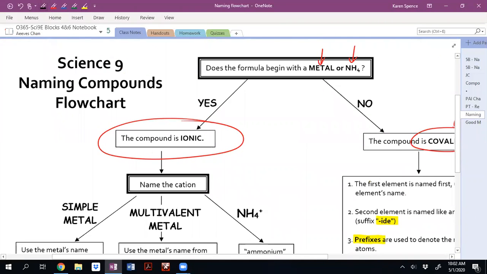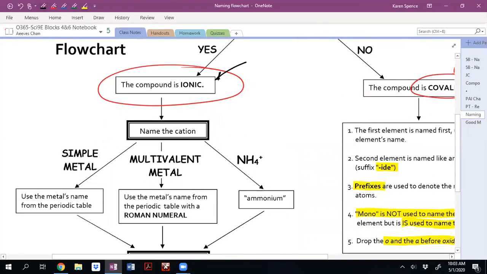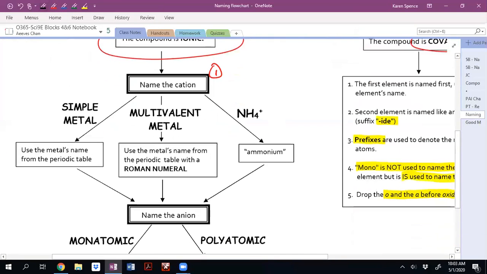Now if you do have a metal or you have NH4, that's going to let you know that your compound is ionic. And you're going to do 2 things. Number 1, you're going to name the cation, and number 2, you're going to name the anion. When you're naming the cation, you have 3 choices.